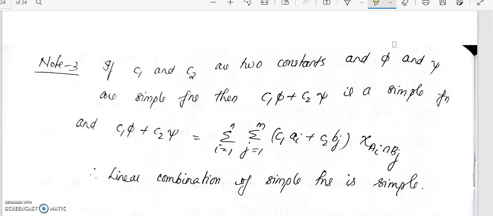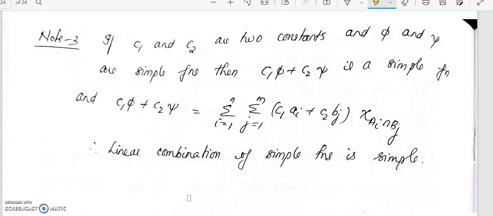So combining both, if c1 and c2 are constants and phi and psi are simple functions, then c1 phi plus c2 psi can be written as summation over i, summation over j. So you will get c1 ai plus c2 bj into chi of Ai intersection Bj. So a linear combination of simple functions will again be simple.